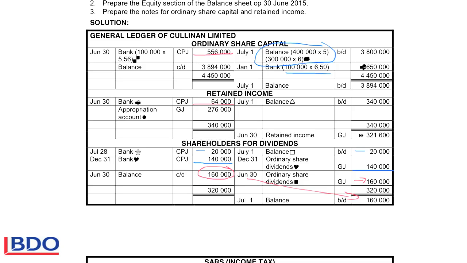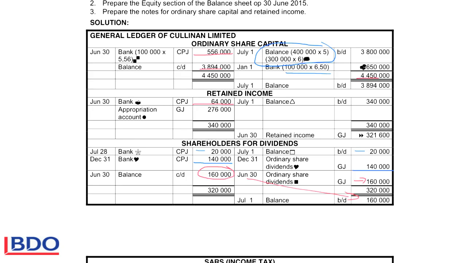The ordinary share dividends account will be credited with the total amount, 300,000, and the appropriation account will be debited with the 300,000. Because ordinary share dividends and income tax are expenses, they must be closed off at the end of the year. And the income tax and dividends will be taken out of the profits that were made. That's why they are closed off to the appropriation account.